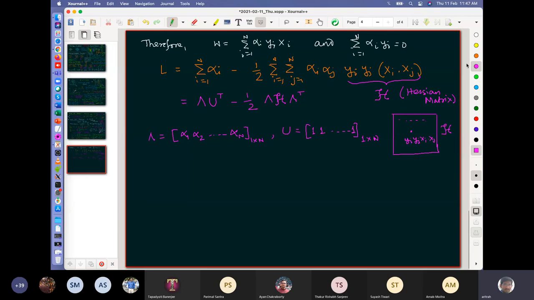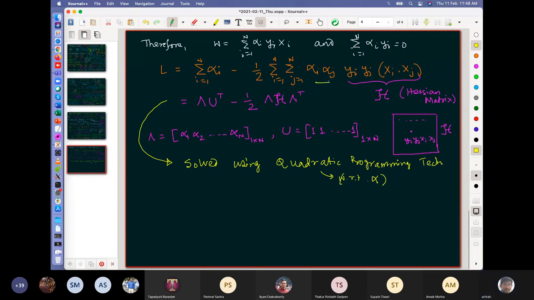After this transformation, it can be solved using something called quadratic programming. It can be solved using quadratic programming because this term, as you can see, is quadratic with respect to alpha. It is quadratic with respect to alpha because my Hessian matrix is a pre-computed matrix and it will give me a value whenever I ask for it.